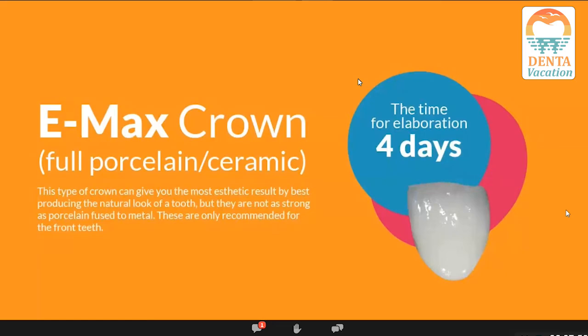But the thing with this one is that it's not so strong, versus the zirconia and the porcelain fused to metal. That's why it's only recommended for the front teeth, and we require 4 full days in Sani, so you should stay 4 days in town to make this type of crown.